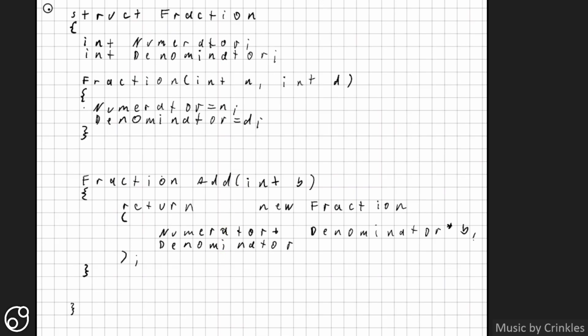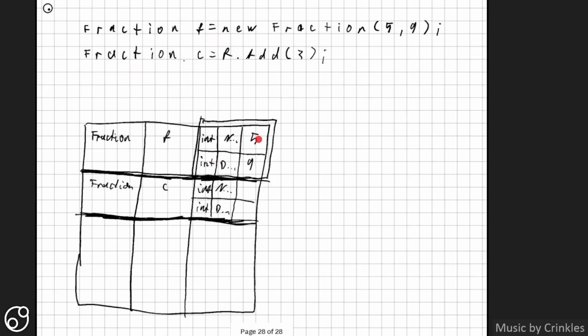And we know that when we use the numerator or denominator in here, these two variables, we use this table. So when the add method uses numerator, we look in our table, in this table, for numerator.